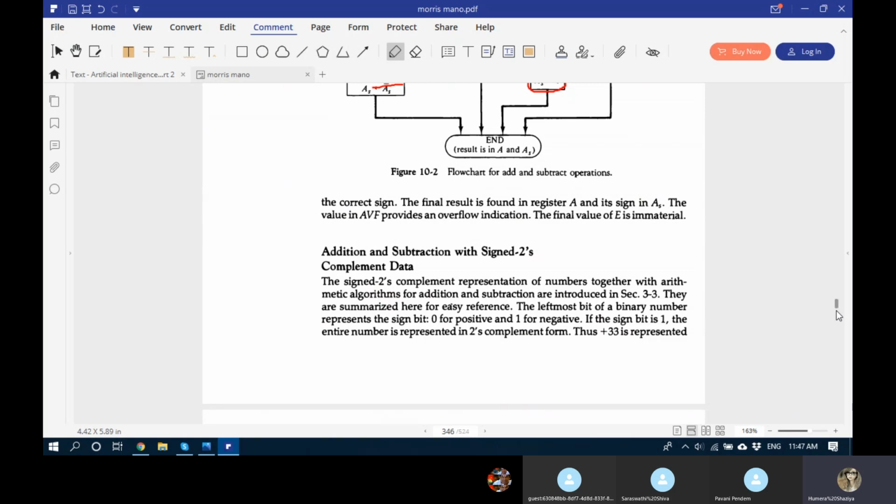That is about performing addition and subtraction using signed magnitude representation.